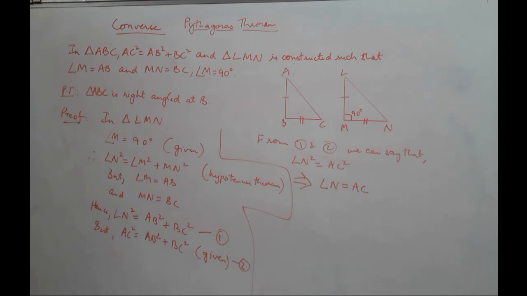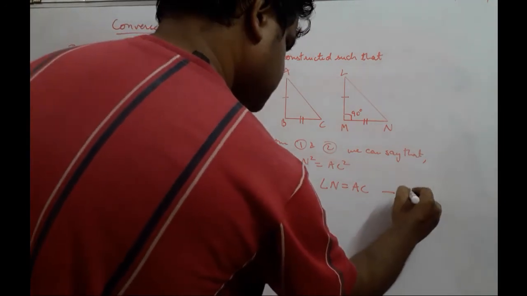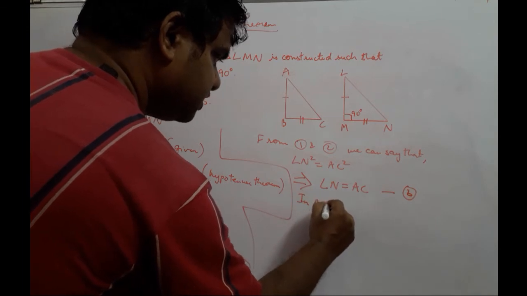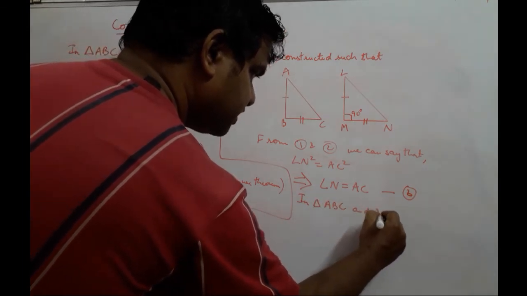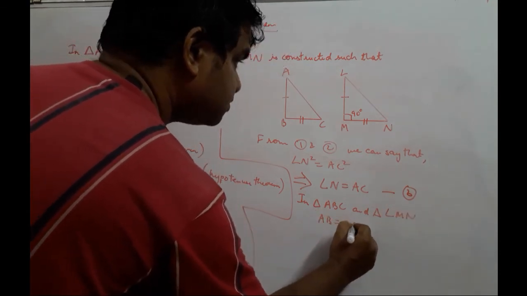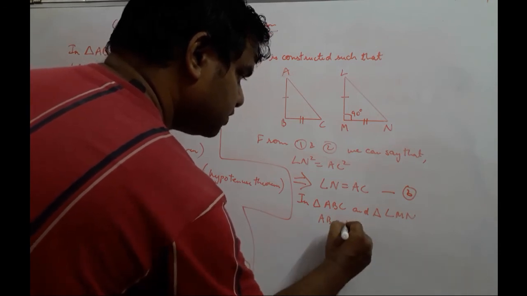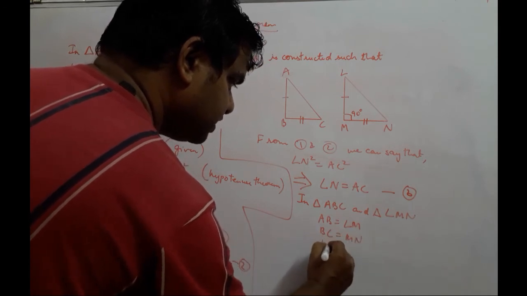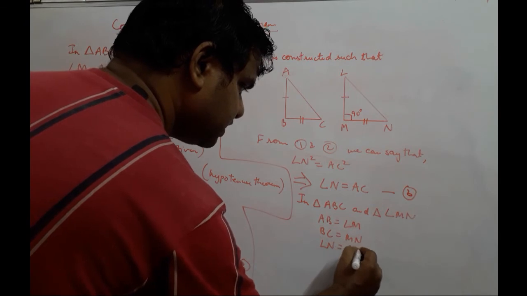Since the squares of the sides are equal to each other, we can say that the sides are also equal to each other, and we can mark this as 3. So in triangle ABC and triangle LMN, we can say AB is equal to LM, then BC is equal to MN, and LN is equal to AC.